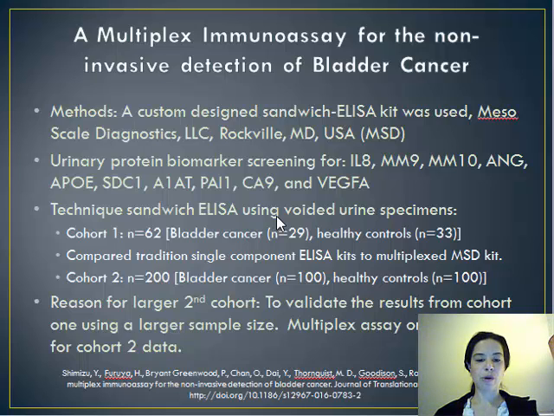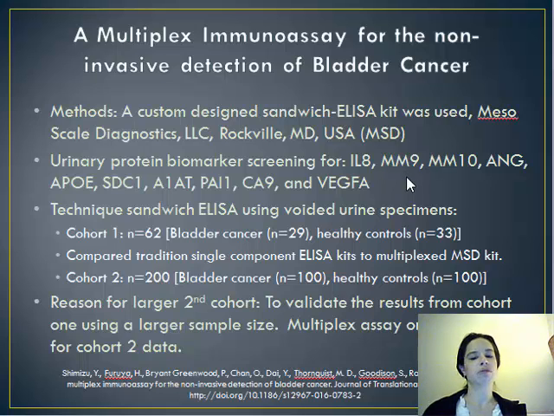This cohort was used to validate whether the multiplex assay works compared to a standard ELISA looking at each of these 10 individual markers alone. So can we combine this into one assay was what the cohort 1 study was all about.